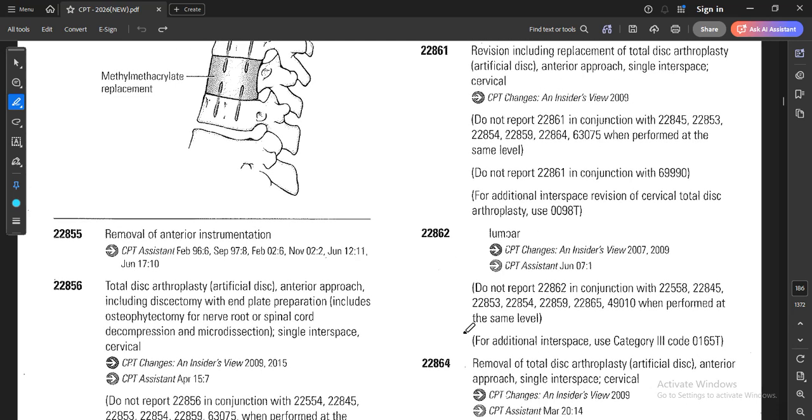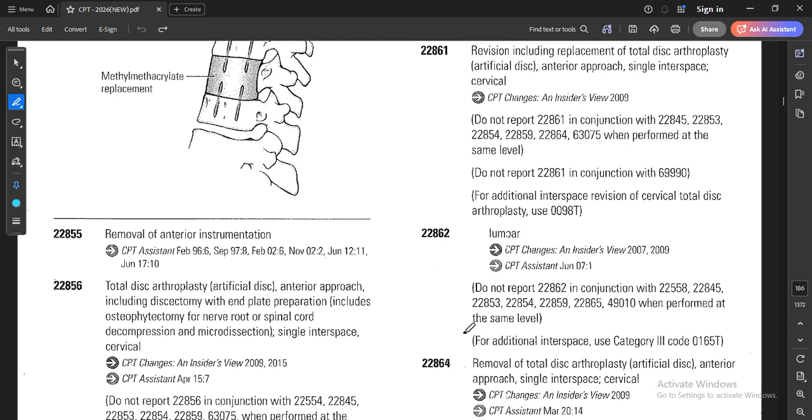So tell me, in the documentation, if you see revision of L1 to L3, how do you code? L1 to L3 revision or replacement. First, what do you need to check? How many interspaces? Yeah, perfect. Then how many? L1 to L3, 2 interspaces.